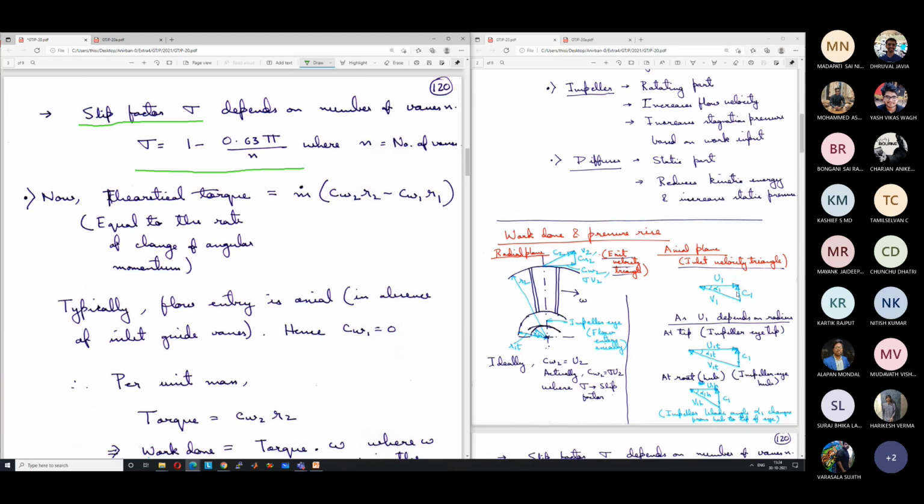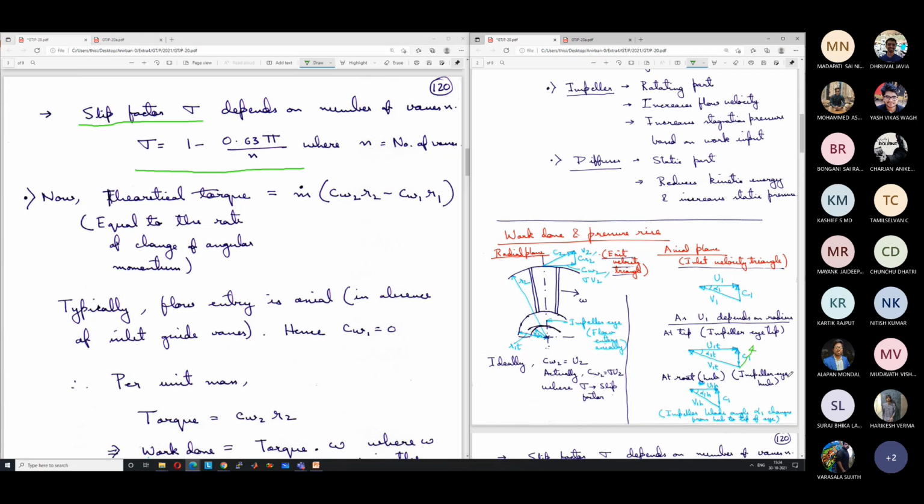The role of the inlet guide vane is to change the direction of the absolute velocity. Inlet guide vanes are static components, not connected to the impeller. So in that case, C1 will not be along this direction, but maybe along this direction. In that case, there will be a Cw1.